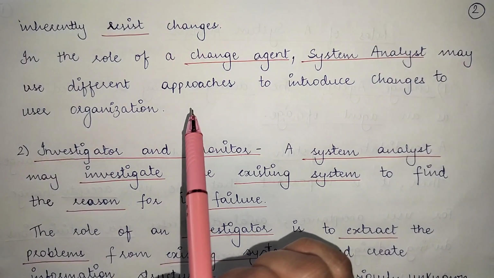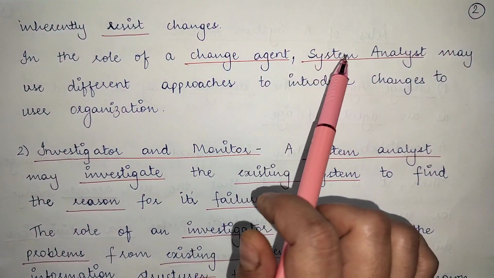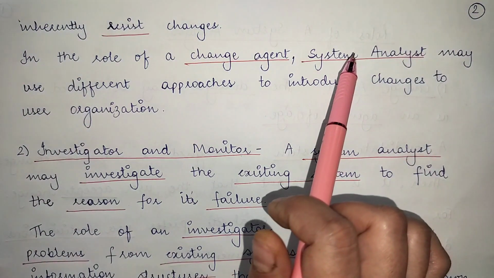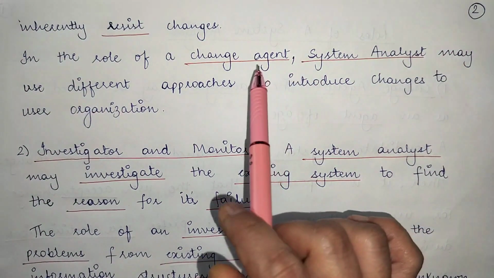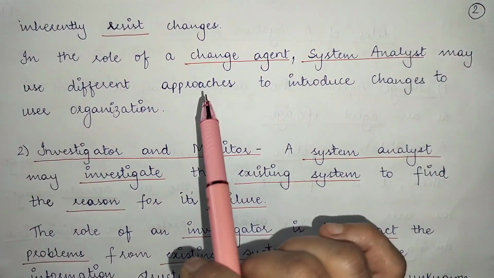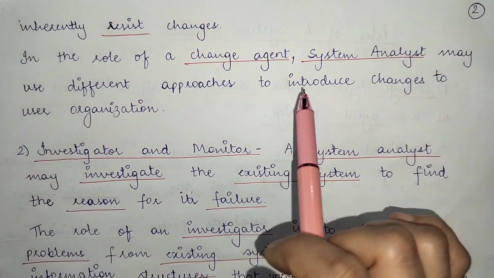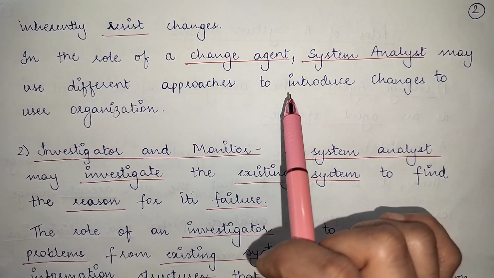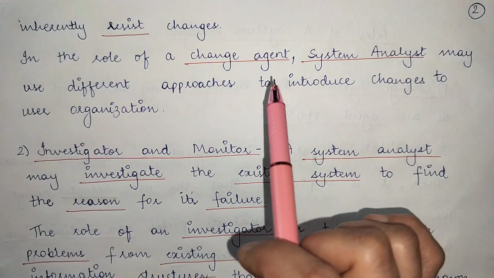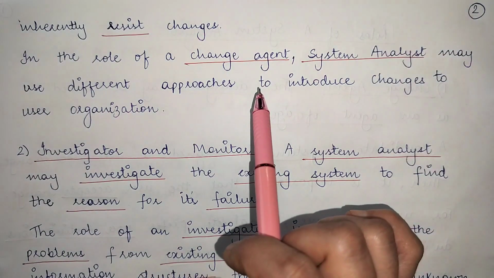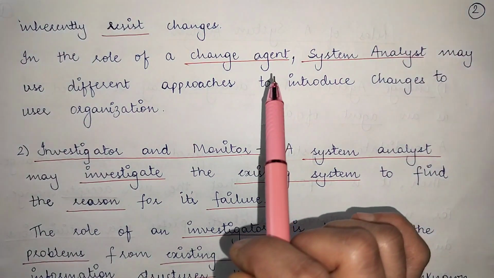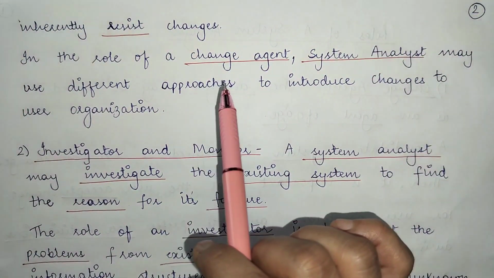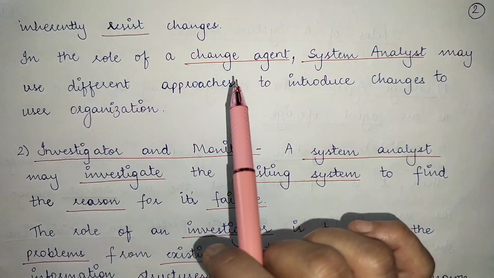Basically, as a change agent, the responsibility of the system analyst is to see that the people accept change in the system, and for that he has to use different approaches in a way that when the changes are introduced in the organization, the users do not feel reluctant about or resist those changes, and adapt themselves accordingly. So this is the responsibility of the system analyst as a change agent.